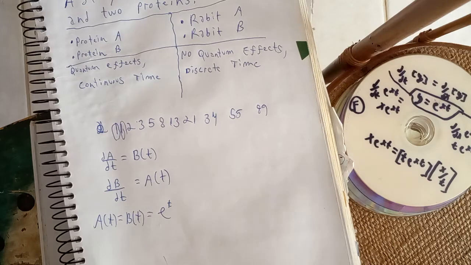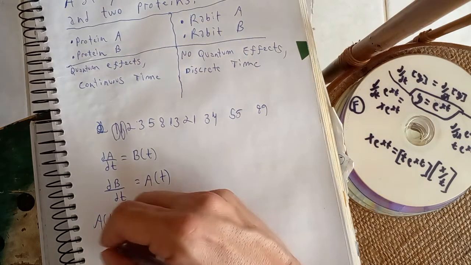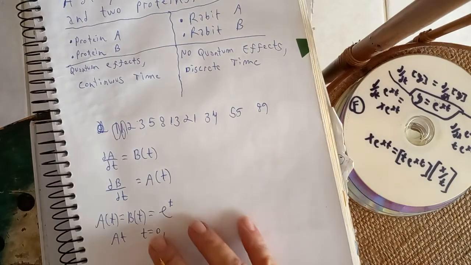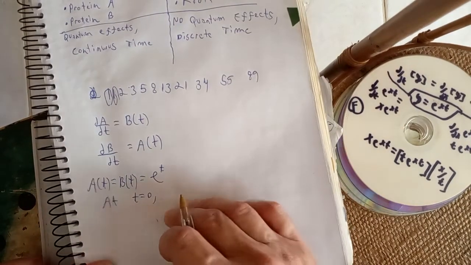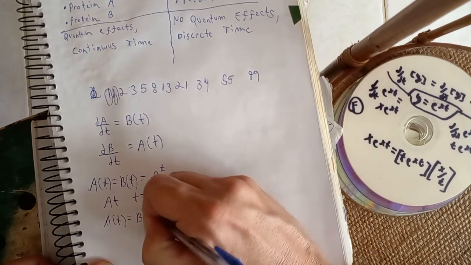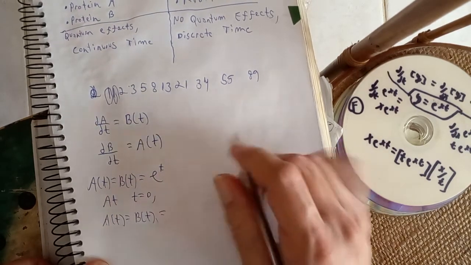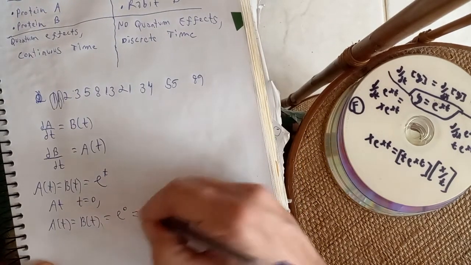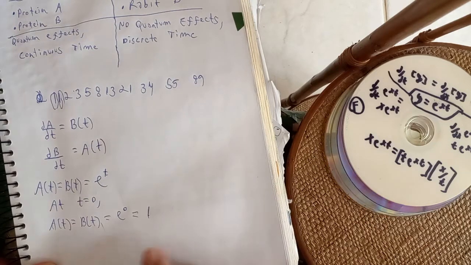And the assumption here is that at t equals 0, A of t equals B of t equals e to the 0 equals 1. So they're both starting out from 1.